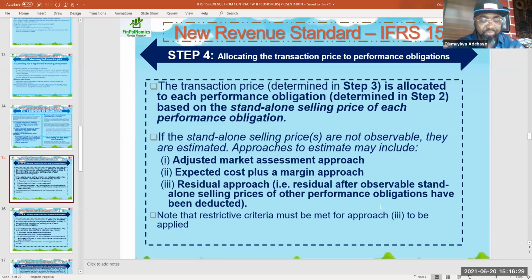For example, if you're a telecommunication company and you run a contract line, it's not common in Nigeria, but it's common in the Western world. A contract line is a line where you pay a particular fee and in which you have access to call within the local network on limited time.